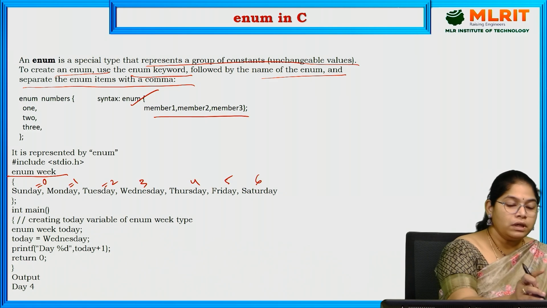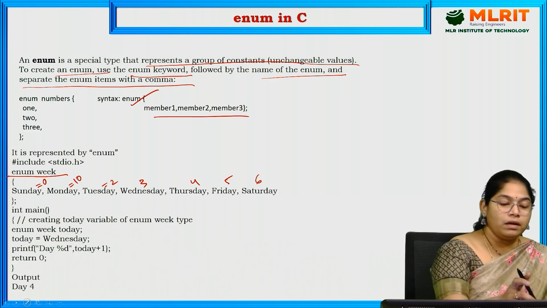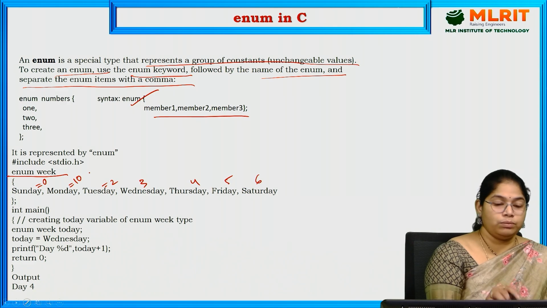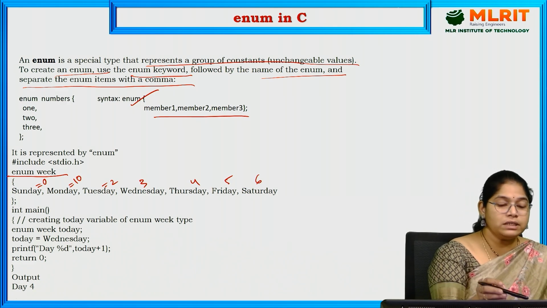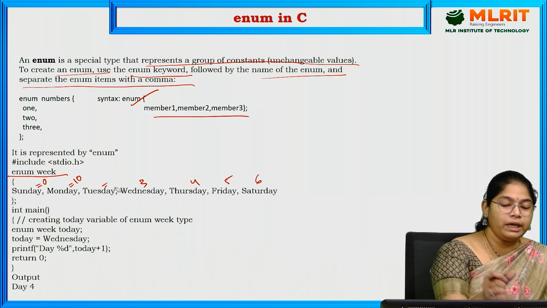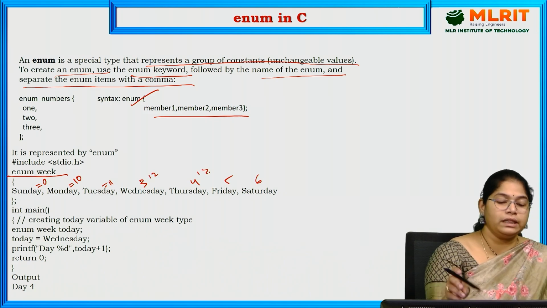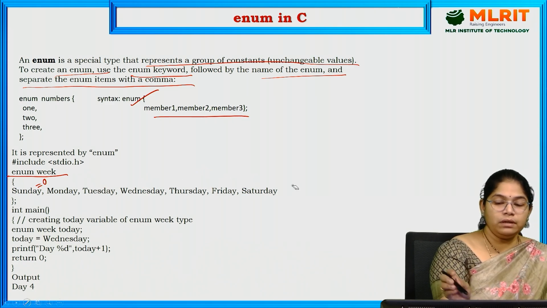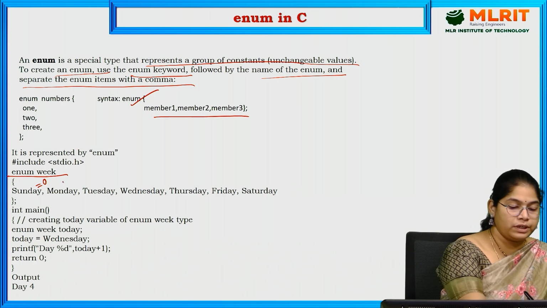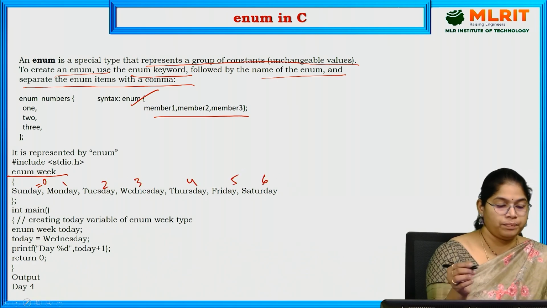Suppose here I have given 10 to Monday. That means the programmer gives the value 10 to Monday. Then the next will be 11, 12, 13 in that way. So whenever we are using an enum, it represents numerical constants.